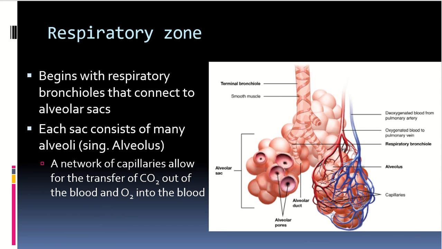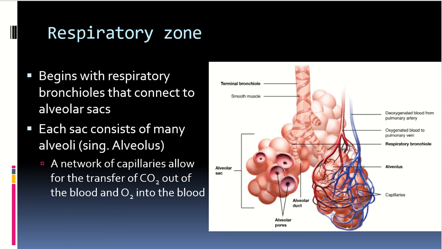So this is where the pulmonary arteries will take carbon dioxide-rich blood to the lungs. Carbon dioxide will diffuse into the alveolar sacs, into each alveolus pocket, and when you are inhaling, the air in your lungs is more rich in oxygen than what's in the bloodstream.